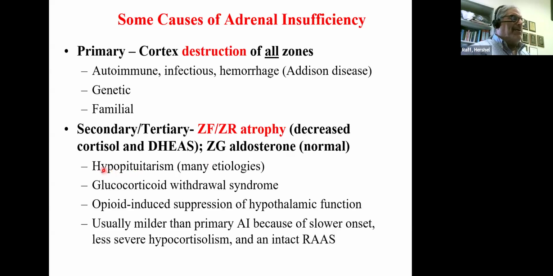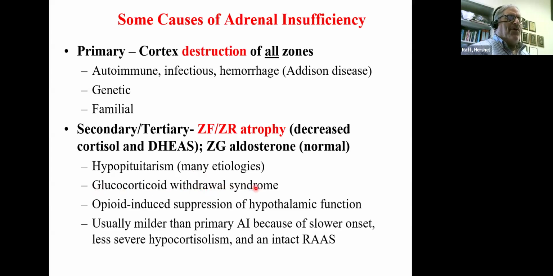Now, a cause that's made up of a bunch of little causes is hypopituitarism. Some people used to call it panhypopituitarism. It has many, many etiologies: trauma, infection, cancer, checkpoint inhibitors that are used in cancer therapy.